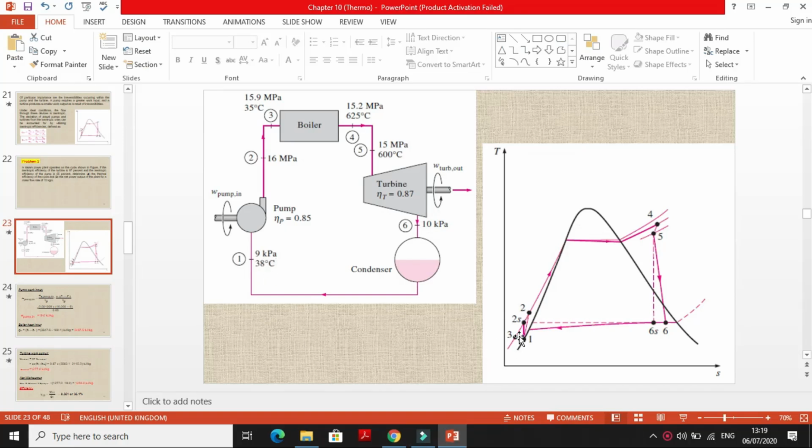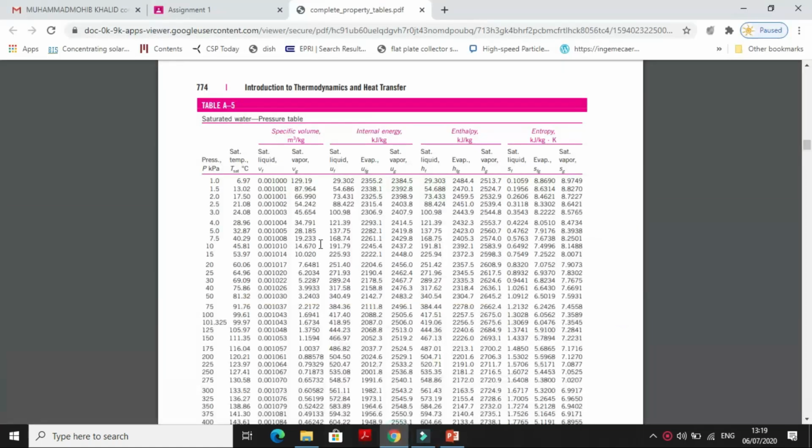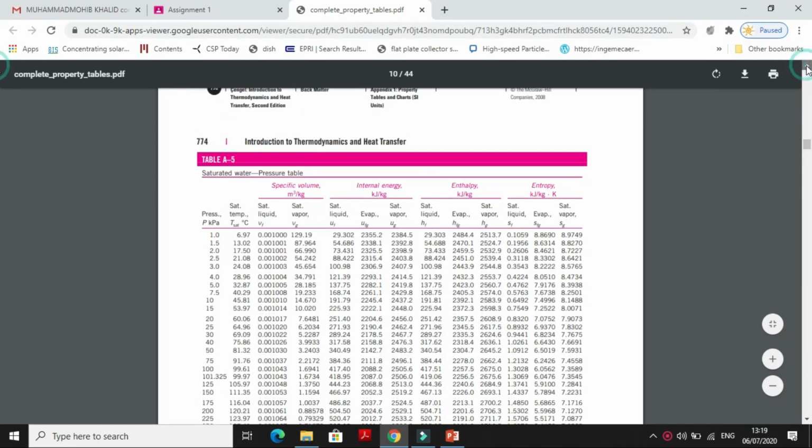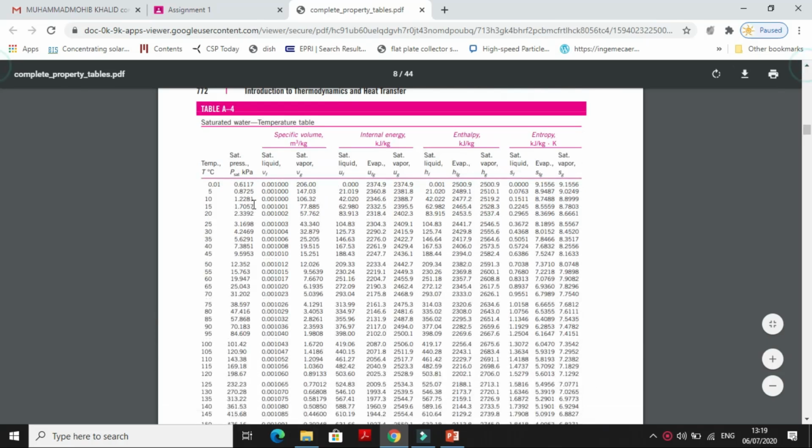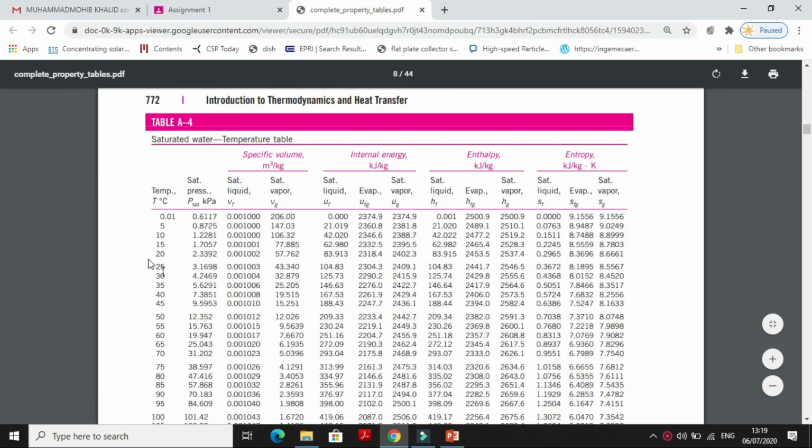So the entry of the pump, point number 1, is basically a compressed liquid. So we have to check the value from the temperature table against 38 degrees Celsius. Moving back to the temperature table, which is A4, we have 35 and then 40.